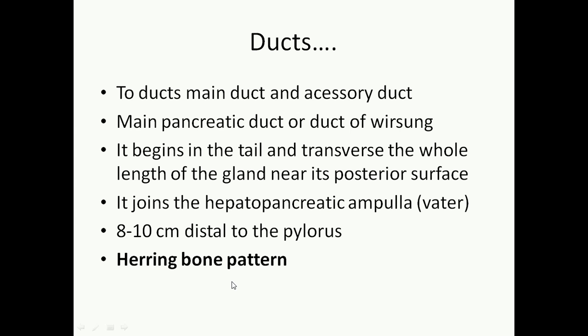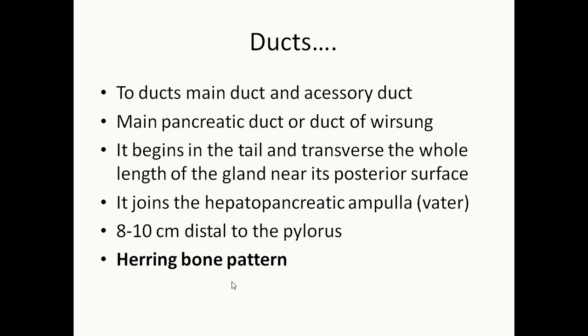Coming to the ducts, the major duct and the accessory duct. The main pancreatic duct, or the duct of Wirsung, begins in the tail and runs towards the head along the entire length of the gland near its posterior surface, and it joins with the hepatopancreatic ampulla. It is 8 to 10 centimeters distal to the pylorus of the stomach, and the shape of the duct is a herringbone pattern.